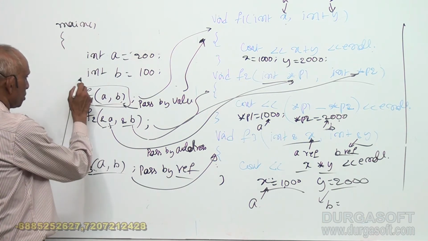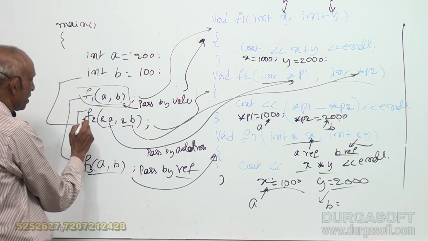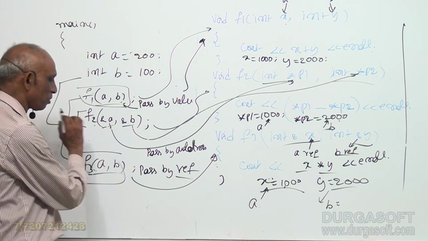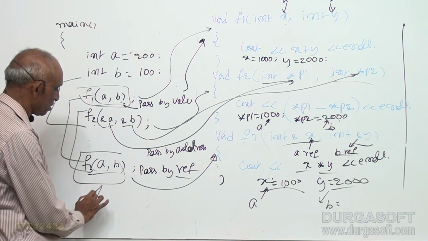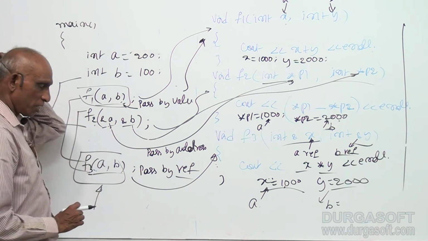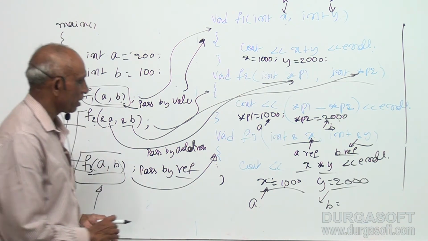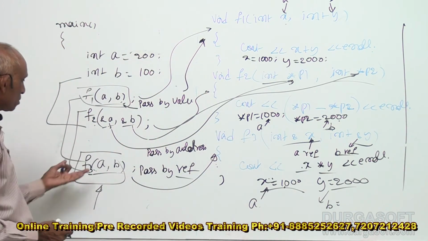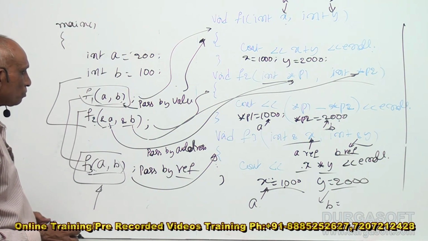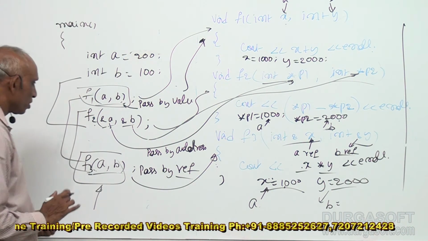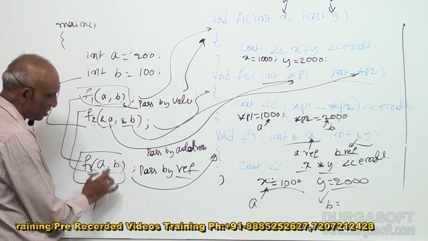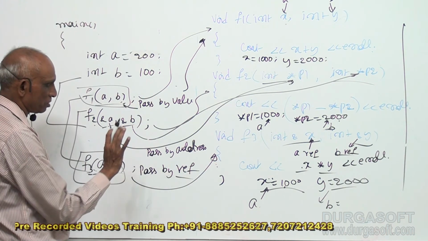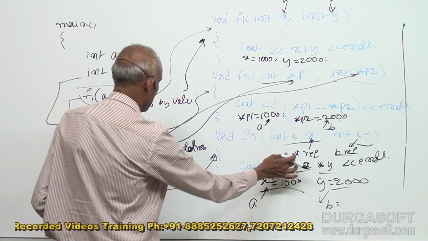The first two, pass by value and pass by address, are there in C, and C++ added pass by reference. It is preferable because you don't have to pass addresses, and you don't have to use the additional star. It is a simpler way. But there is a risk that the function can modify the variables.